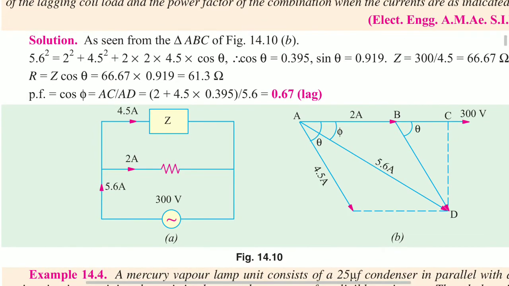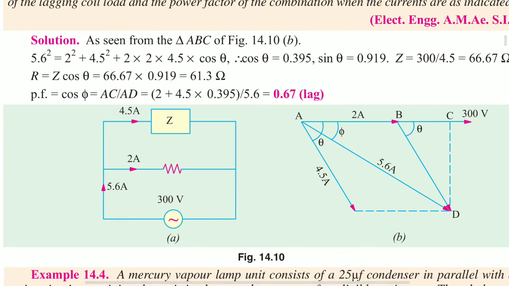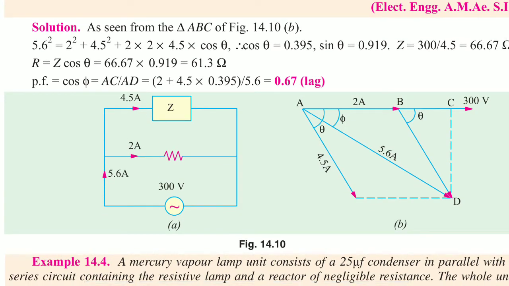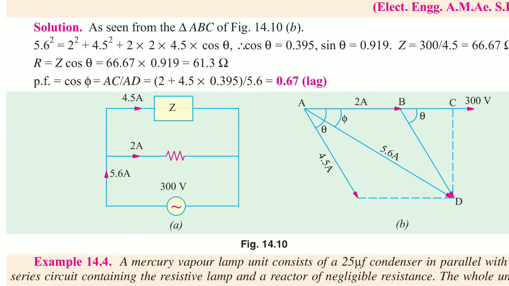We already learned in the previous class that cos phi is the active component of current divided by the total resultant current.